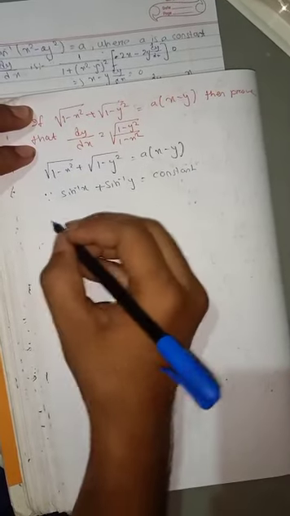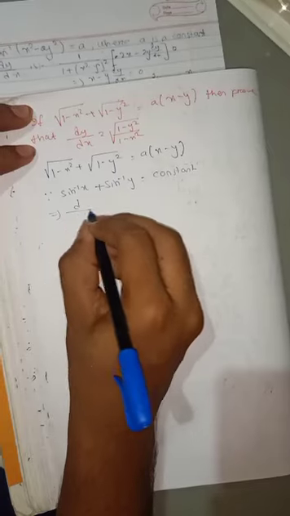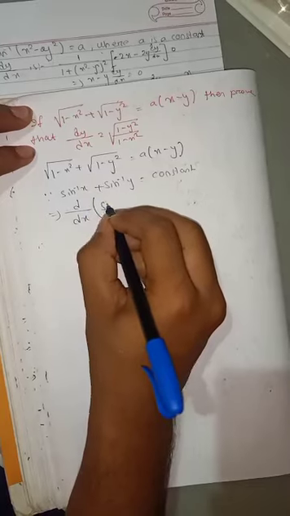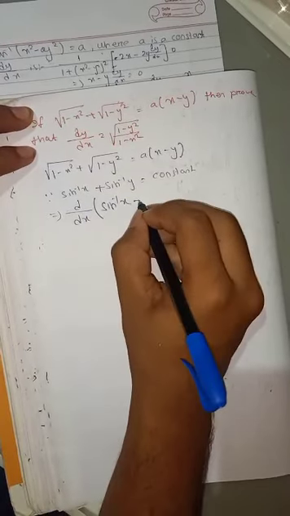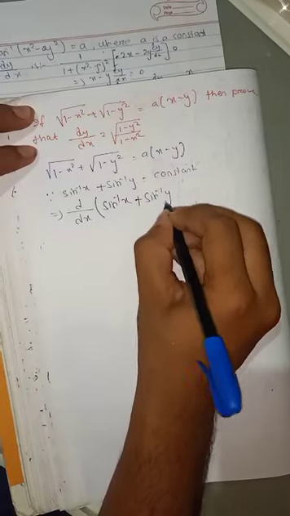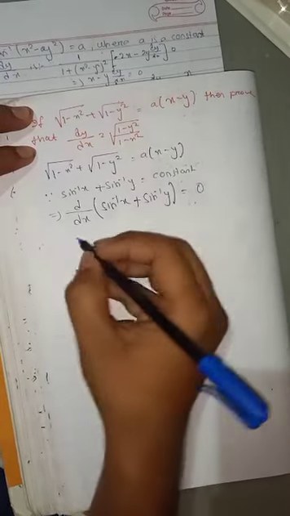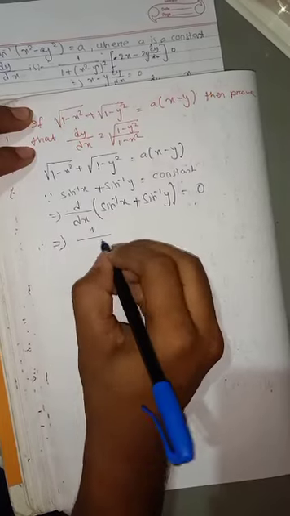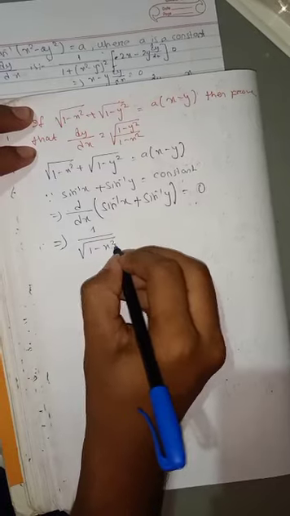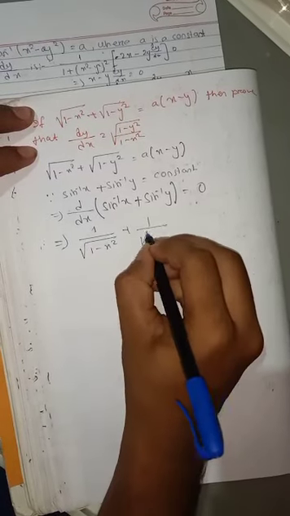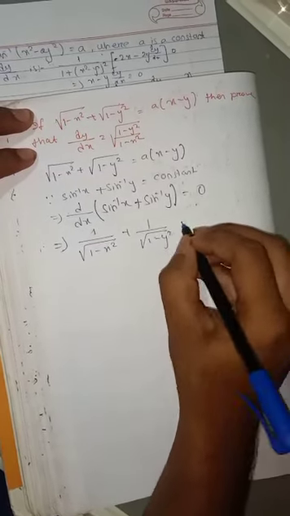Okay, then differentiate this. So d by dx of sine inverse x plus sine inverse y, derivative of constant is 0. 1 by root over 1 minus x square plus 1 by root over 1 minus y square is equal to 0.